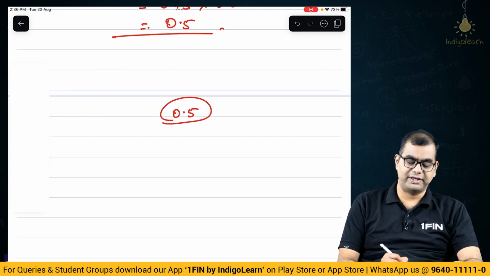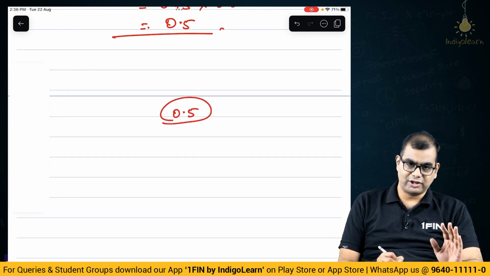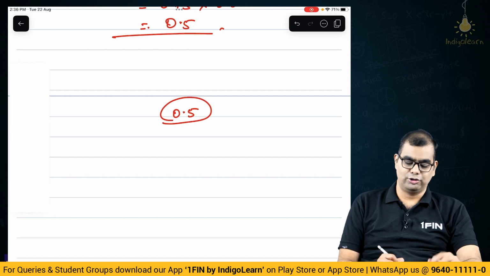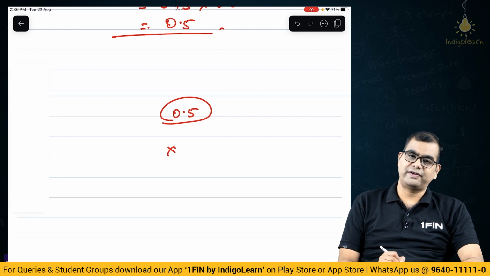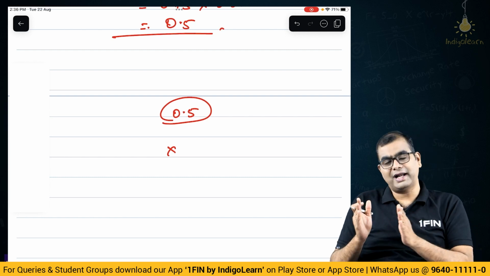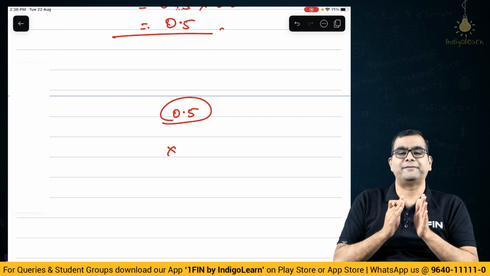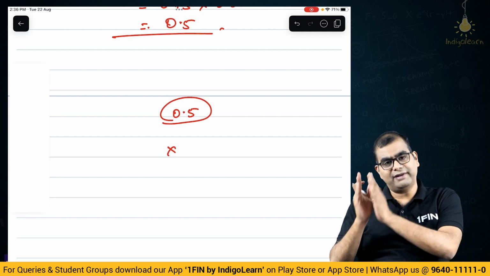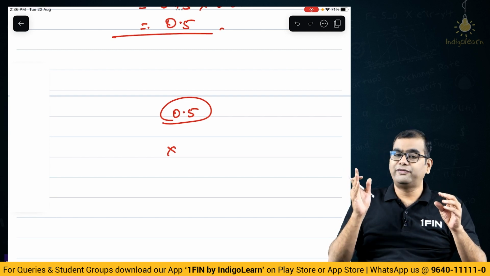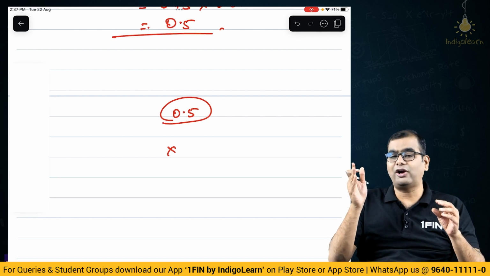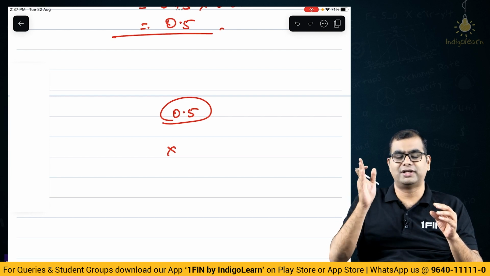What does this 0.5 mean? If you have to hedge your entire spot portfolio, you have to multiply the number of contracts of spot that you have by 0.5. Why 0.5? Because if the market moves by 1, you move by 0.5. So if market moves up by 10, then you move by 5, right? So if you have to enter into contracts for market, you cannot enter into full contracts of the hedging instrument.